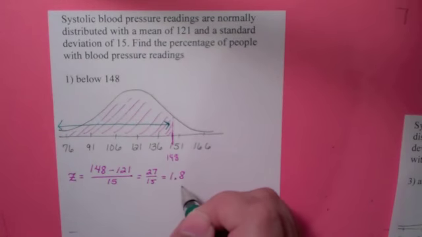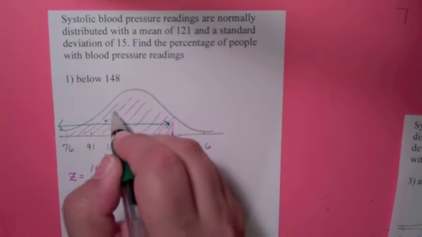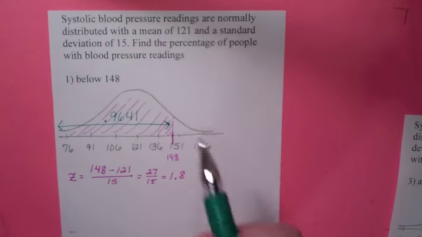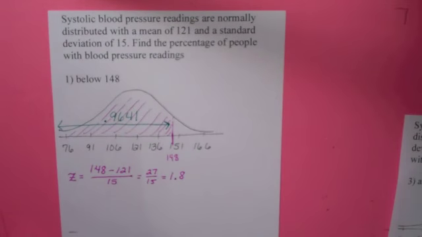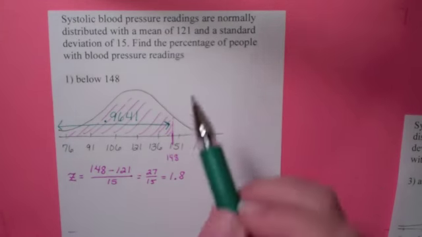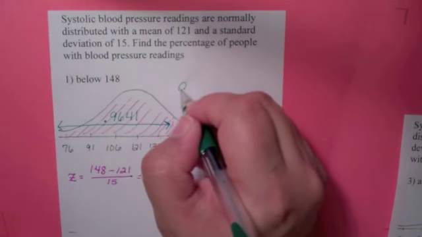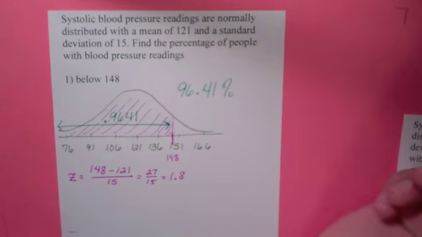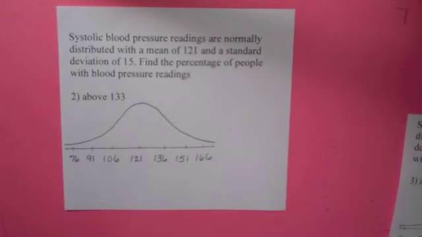So when I look up 1.8, it says 0.9641. Well, we wanted below 148, which is the same thing as saying below z equals 1.8. And in percentage, that would be 96.41%.